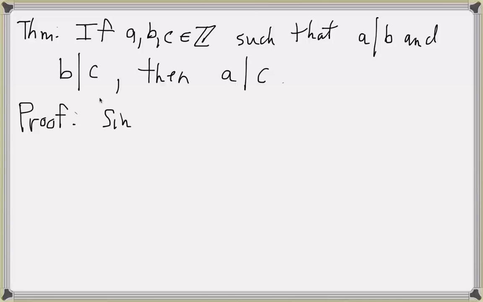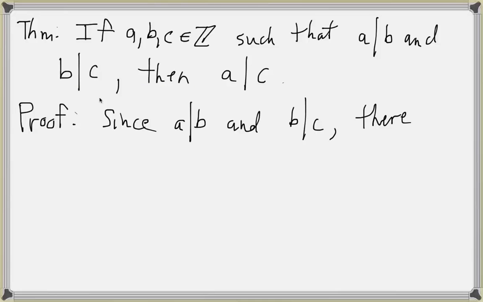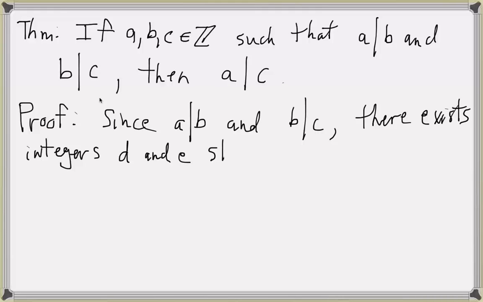So since a divides b and b divides c, there exist integers, let's call them d and e, such that b equals a times d and c equals b times e. Okay, so that's the definition of divides.